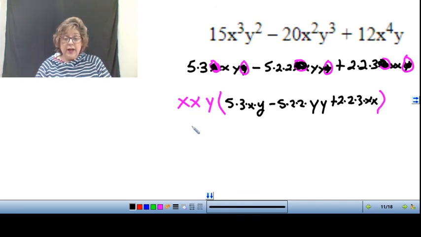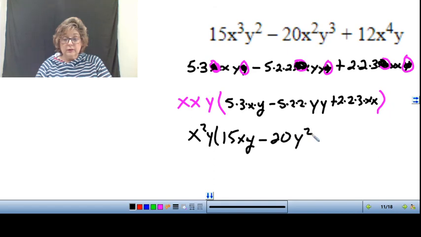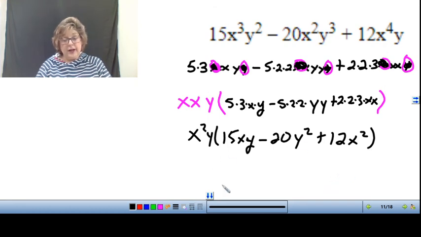So now I have x squared y, 5 times 3 again is 15, xy, minus 20y squared, plus 12x squared. And that would be now factored out.